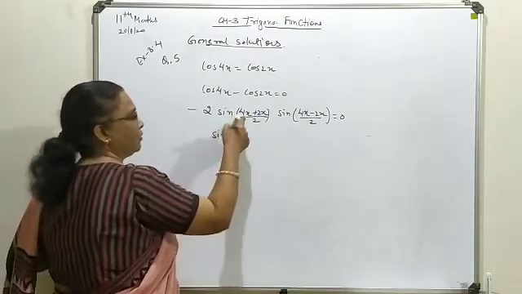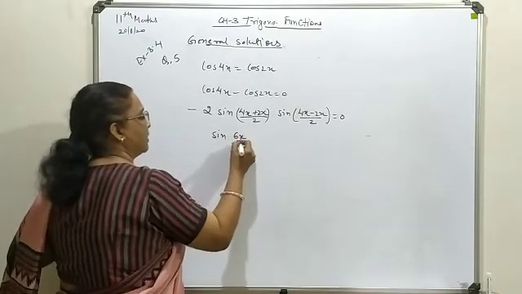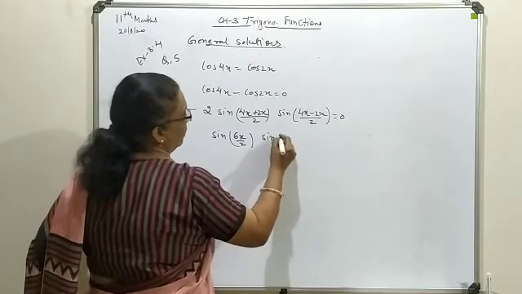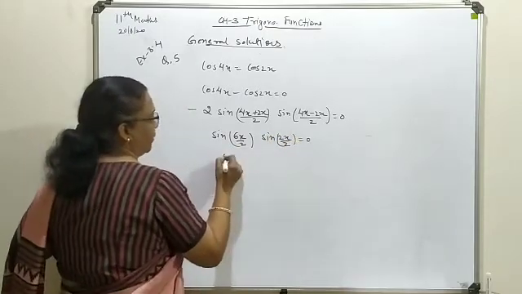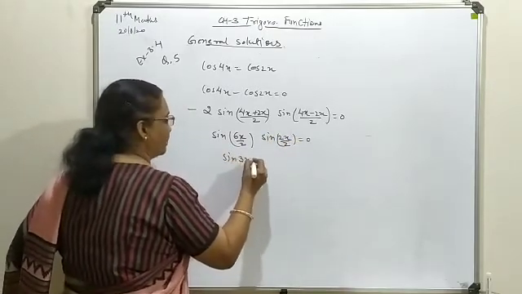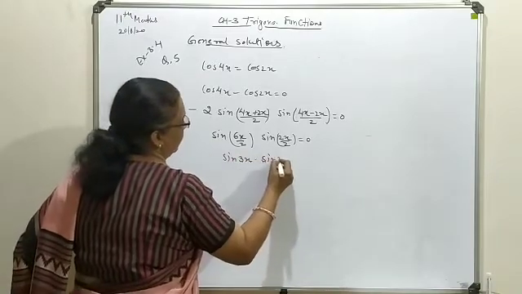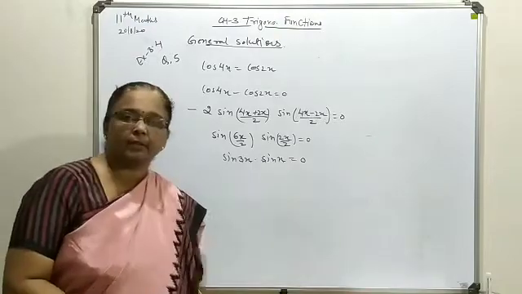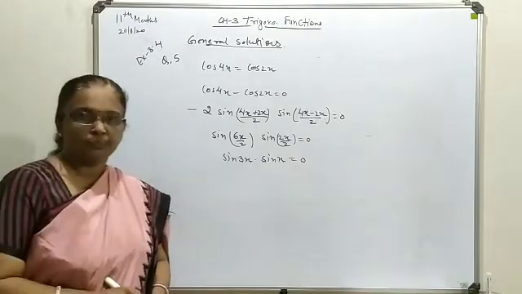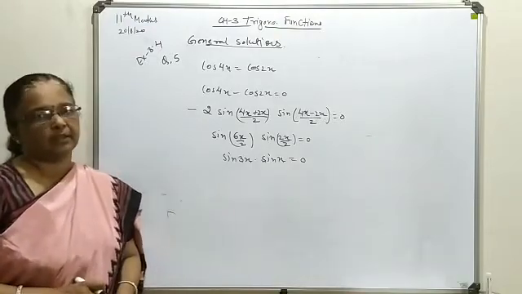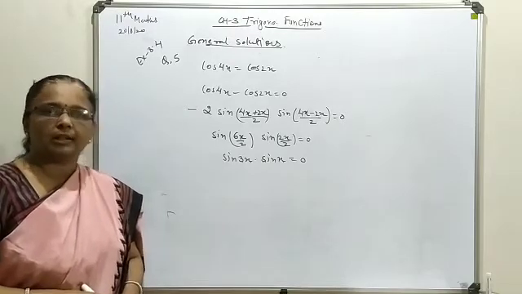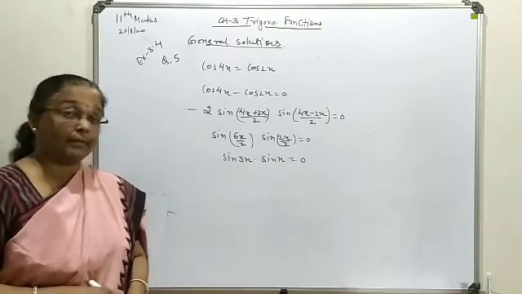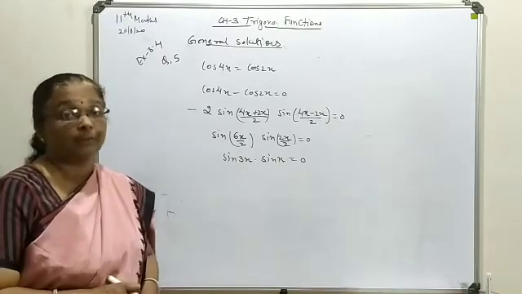So we will be left with the two terms, that is sin 6x by 2 sin 2x by 2 is equal to 0. Here you will have sin 3x into sin x as 0. Here you can see the product of two sine terms you are getting is 0. So one by one we have to make them 0, and for both the cases you will write the 0 solution. 0 solution already we have discussed in the beginning of the trigonometry.